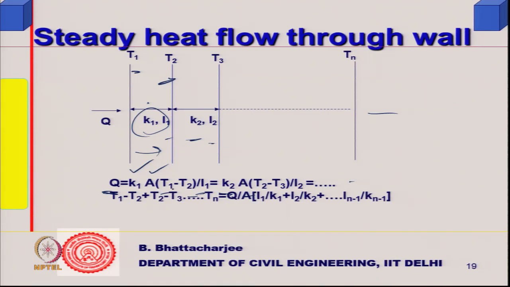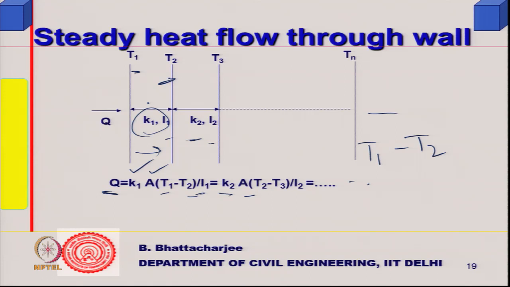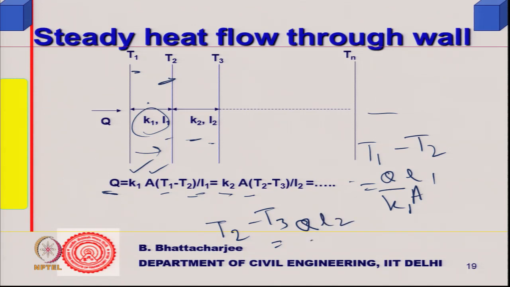Then I separate out: T1 minus T2 will be equal to Q L1 by K1 A. Similarly, T2 minus T3 will be written as Q L2 by K2 into A, and T3 minus T4, I can go on writing like this, corresponding to each one.